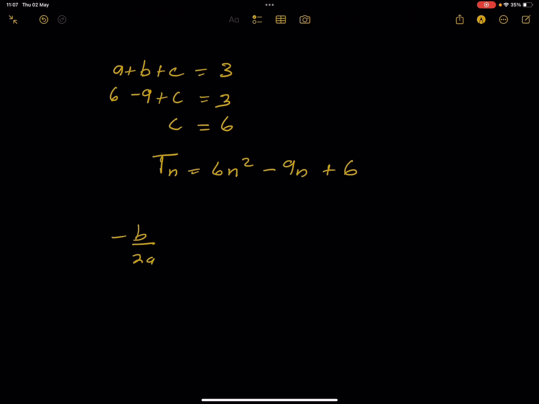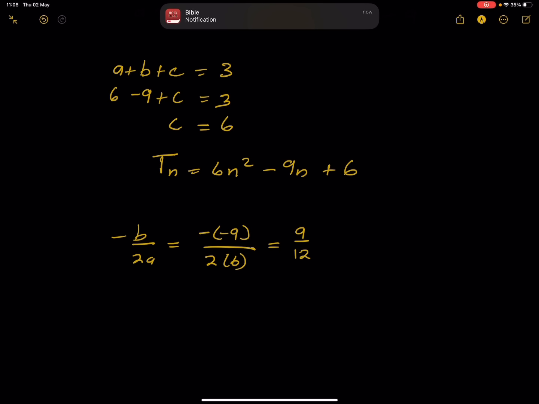So in this case, what does the minus b over 2a give us? Right, so that would be minus the negative 9 divided by 2 times 6, okay? So that will be 9 divided by 12. Okay, so that's 9 over 12.